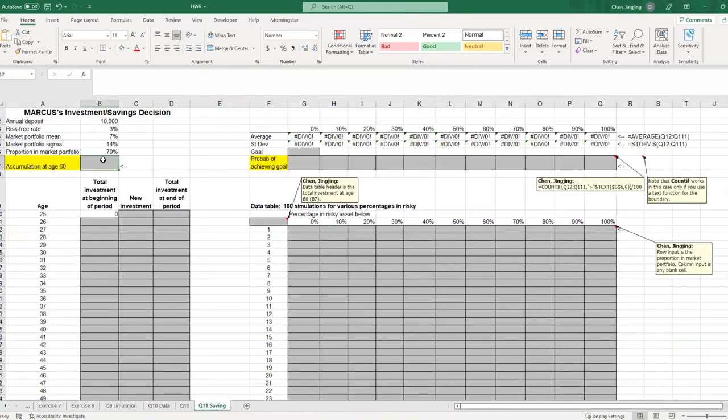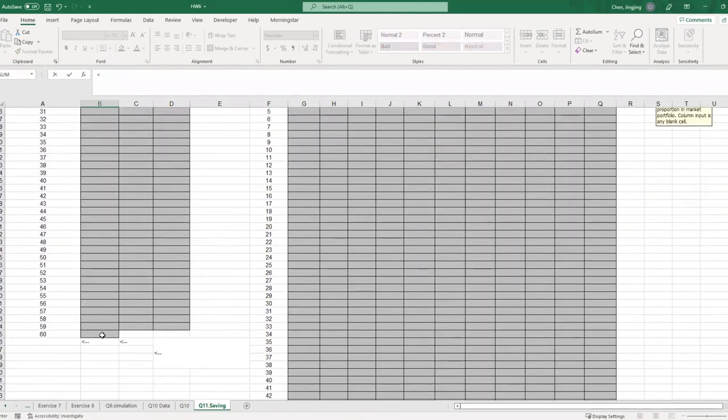So first, the goal here is $1 million, which is here. And the accumulation at age 60 will be whatever he has at the age of 60 here.